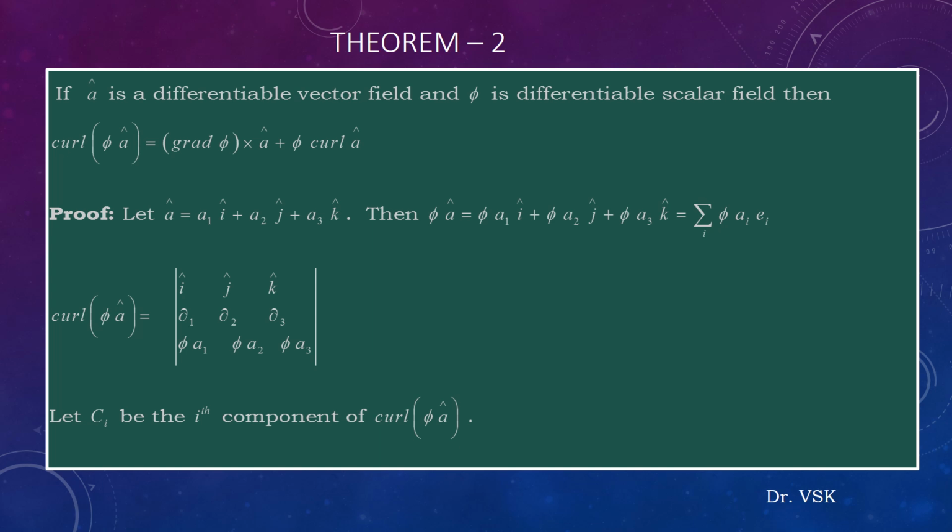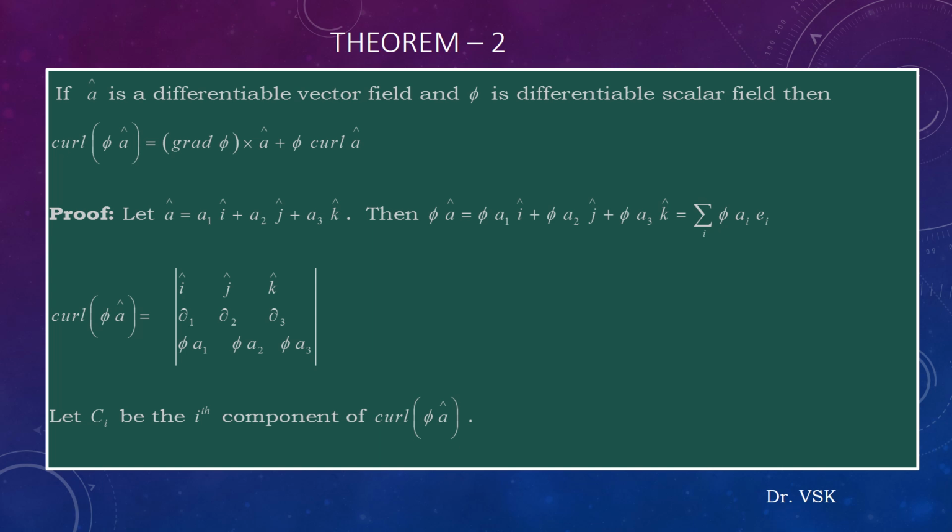We know all these components. Instead of writing C1, C2 and C3, we write C suffix i in general. i takes the values 1, 2 and 3.